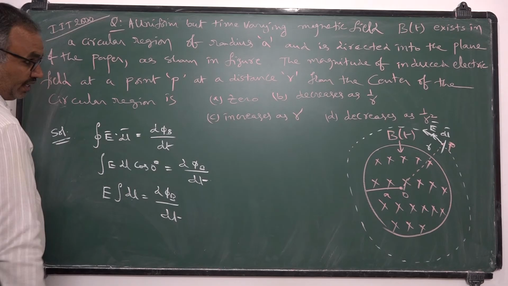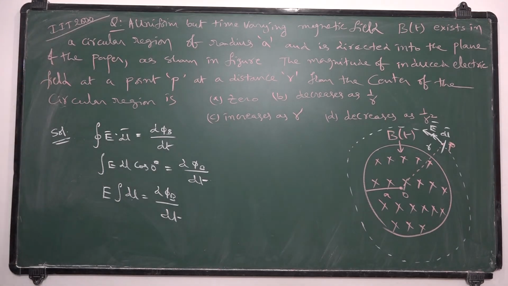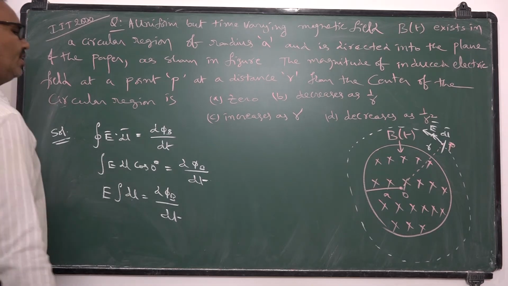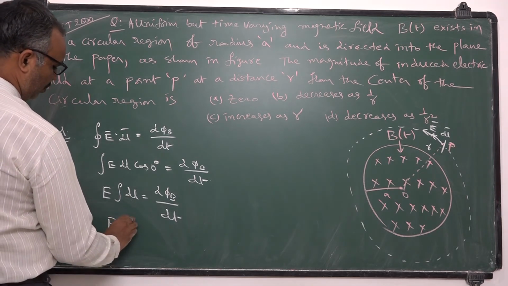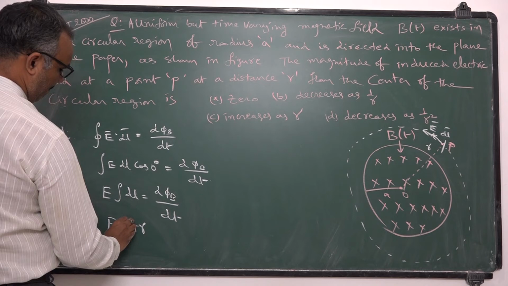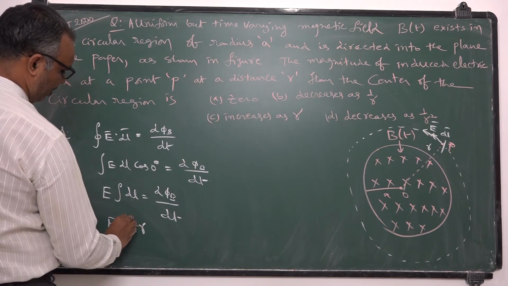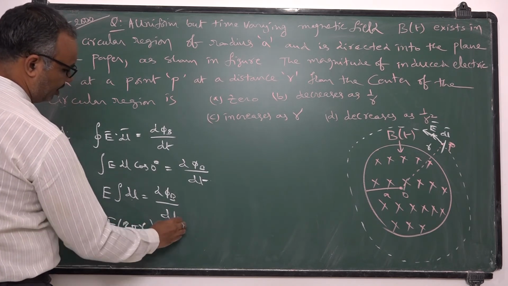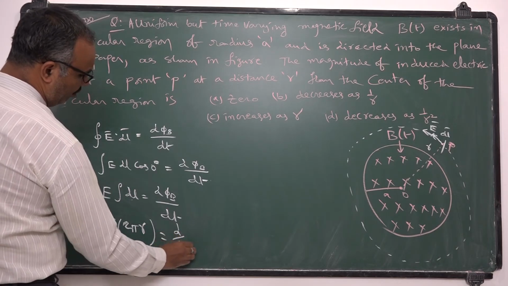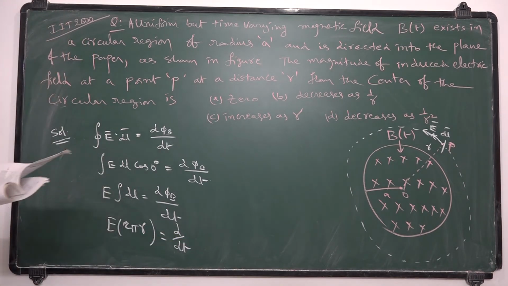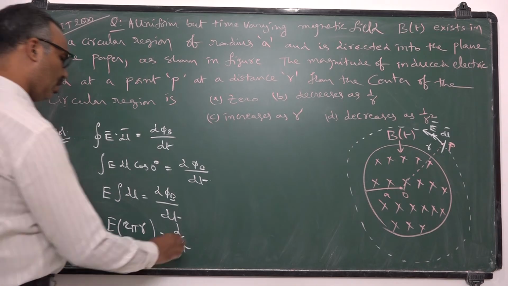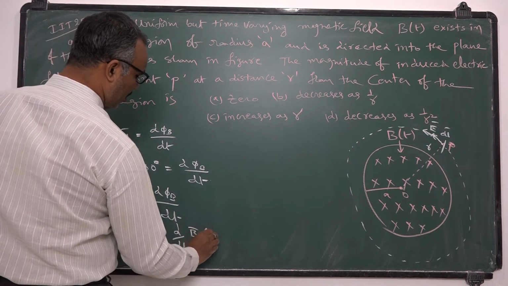Integral dl is nothing but L. L means the length of the circular zone I considered, that is 2 pi r. So E into 2 pi r is the expansion on the left hand side. On the right hand side, d by dt of magnetic flux is given by B bar dot A bar.